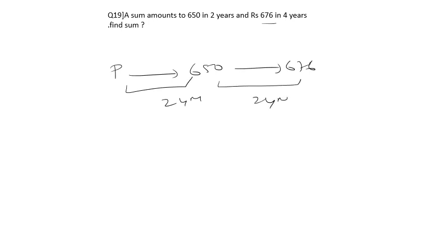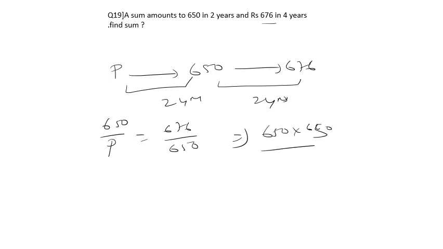As I said, the ratio remains constant, means 650 by P will be equal to 676 by 650. That implies 650 divided by 676 into 650 equal to P. This will be P. Now let's solve it.